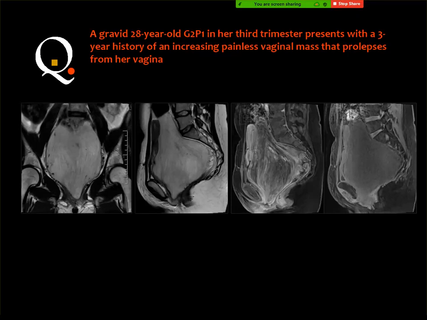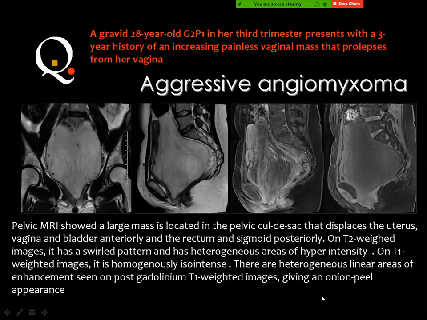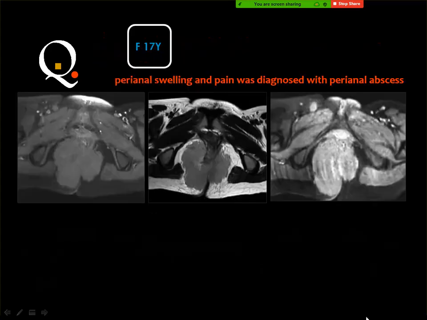No, this is aggressive. I don't remember the name. This is aggressive angiomyxoma. Yes, very good. And this is a classic appearance, with the strandy look and the huge size of the tumor. This is aggressive angiomyxoma.